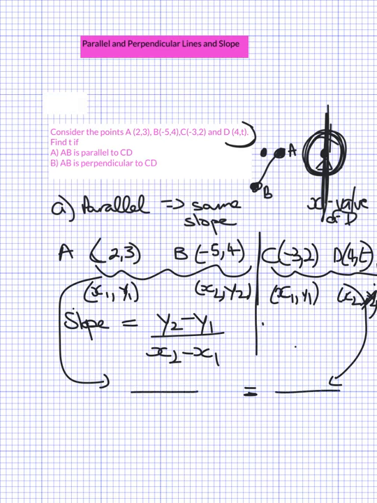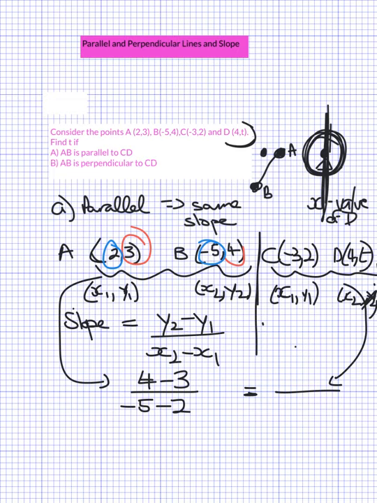So if I find the slope of this one, it's going to be 4 minus 3, because it's y2 minus y1, 4 here minus 3 here. And on the x-axis, it's going to be -5 minus 2, x2 minus x1.